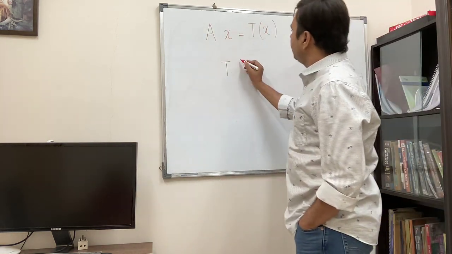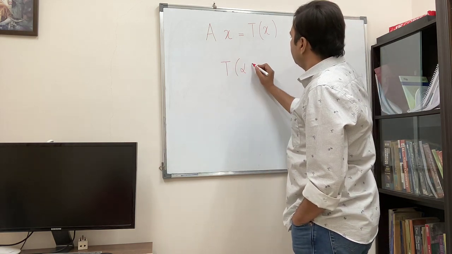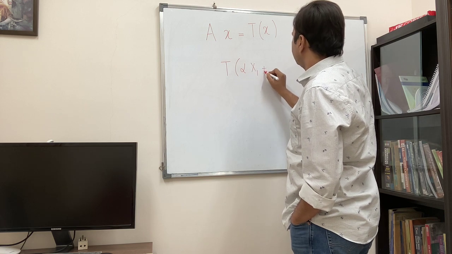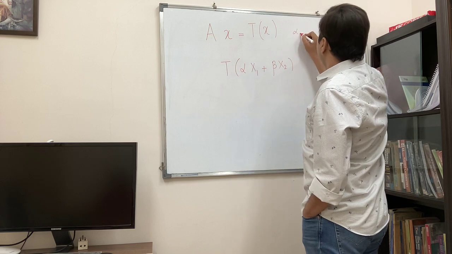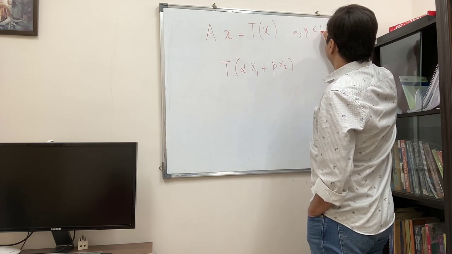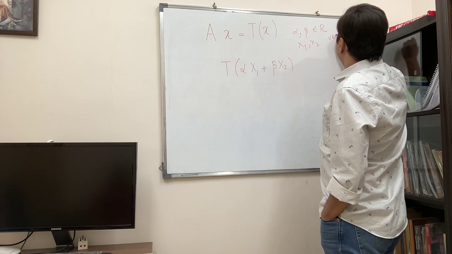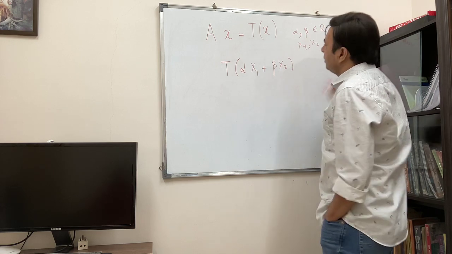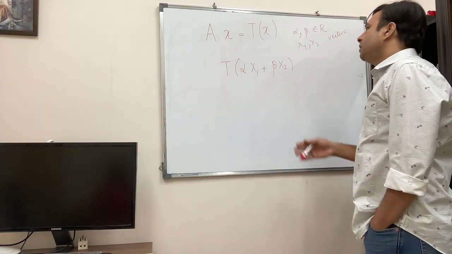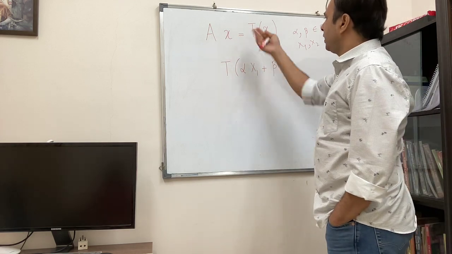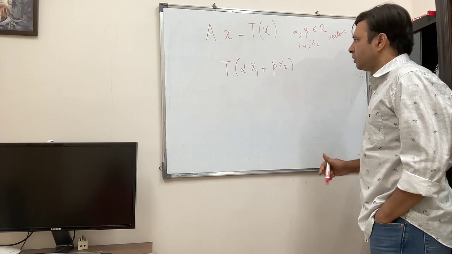Let's say alpha and beta are two constants, some real numbers, and x1 and x2 are vectors. T might be any transformation. So you think of any transformation, like the few we saw, like when a matrix gets multiplied to it, but not necessarily that, it can be any transformation.